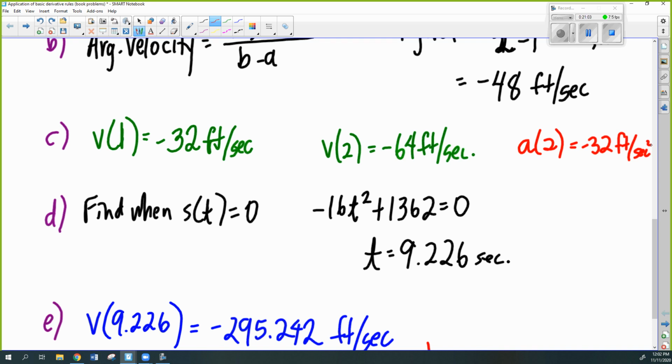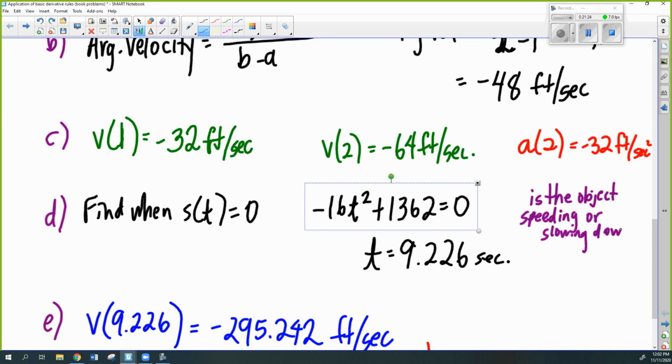Okay? Now, here's a completely different question. Is the object speeding up or slowing down at time t equals 2 seconds?